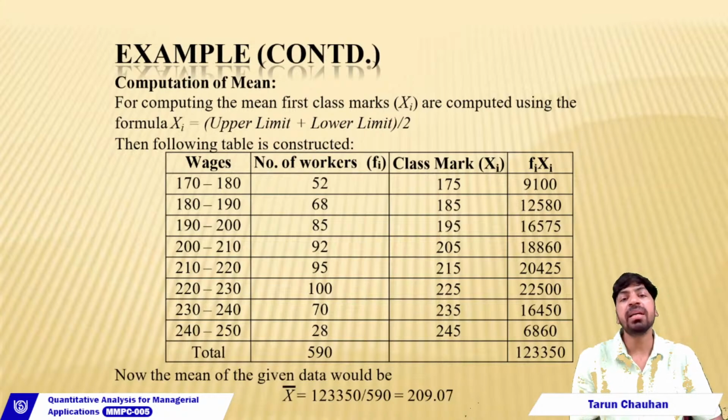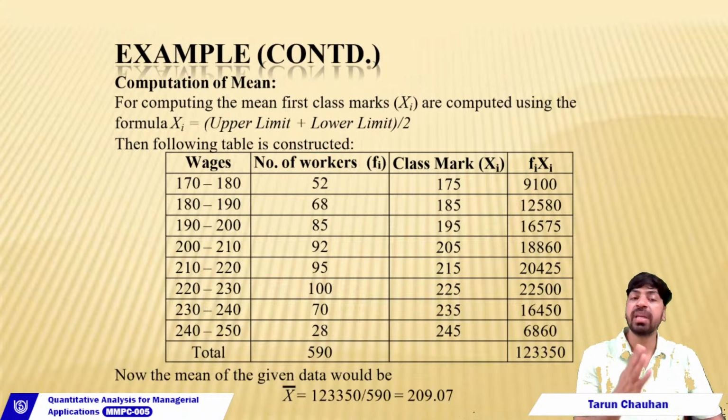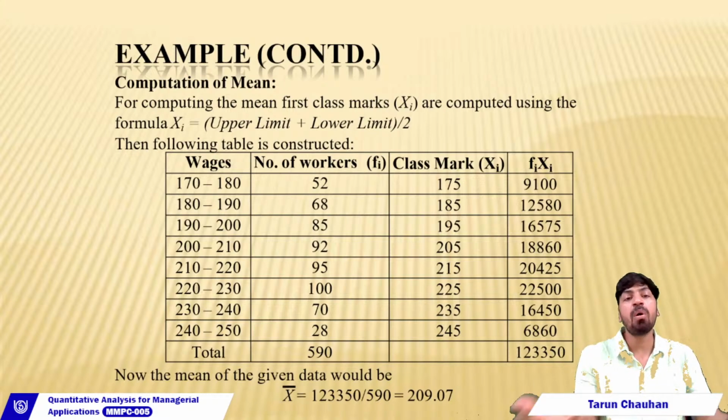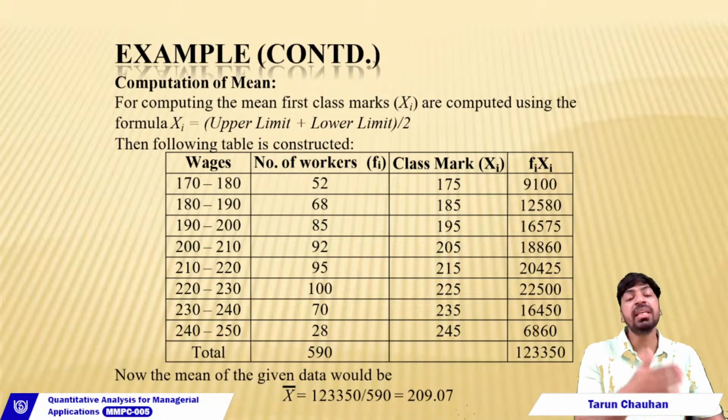What is class mark? In other words, we can also call it the midpoint. How to calculate the midpoint? In the question you can see, it is upper limit plus lower limit by 2. The numbers where the series begins are called the lower limits, and the numbers where the series ends are called the upper limits.